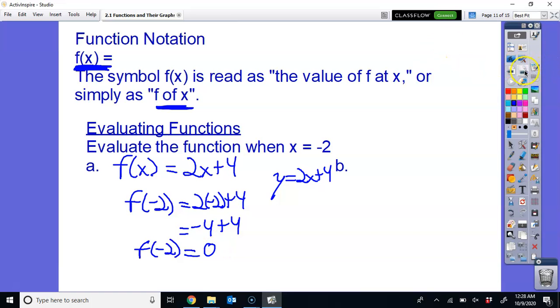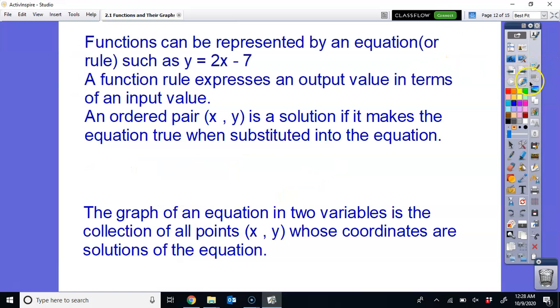So the last thing I want to talk about with functions is the fact that we can represent functions with these equations like you just saw, y equals 2x minus 7, or f of x equals 2x minus 7. We're going to study what those different equations look like when they're linear, when they're quadratic, when they're exponential.